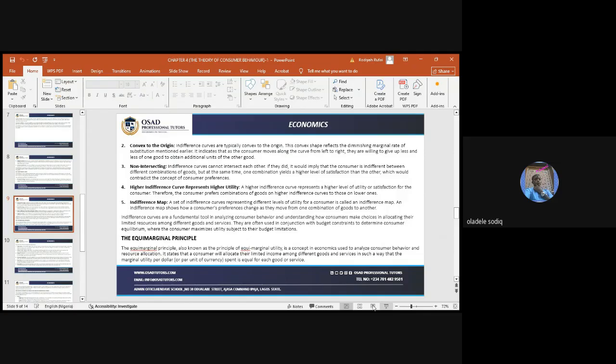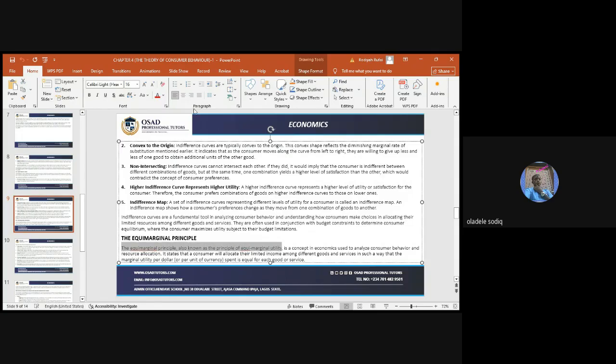So let's look at the equimarginal principle. What is the equimarginal principle? It is also known as the principle of equimarginal utility. This can also be an objective question. As small as it is here, it can be an objective question in your exam.